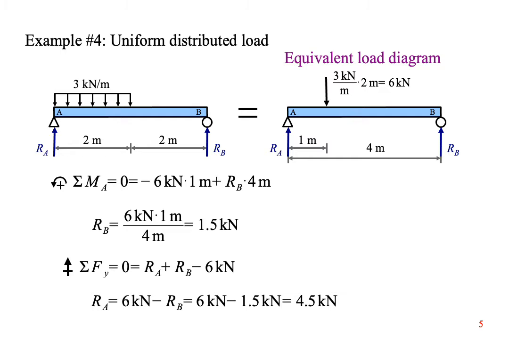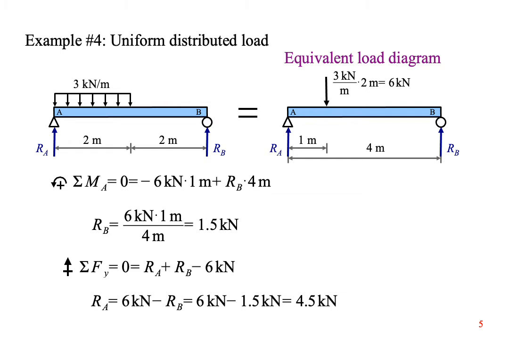What if the load is a uniform distributed load instead of a point load? We start by drawing an equivalent load diagram, which replaces the distributed load with a point load that acts at the centroid of the distributed load. In this problem, we have a uniform distributed load in the shape of a rectangle.